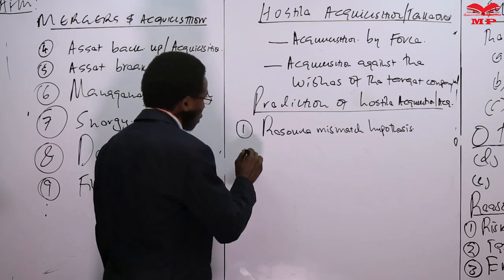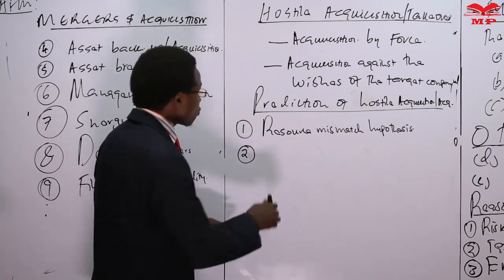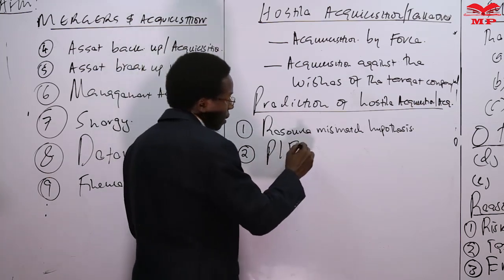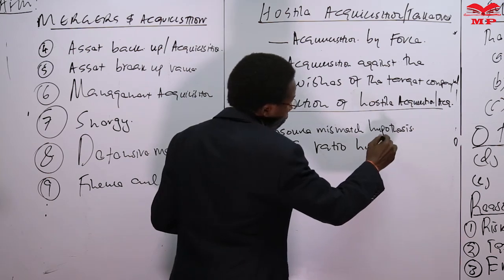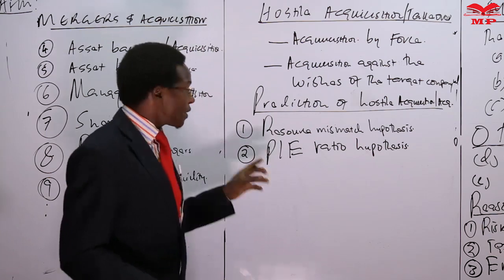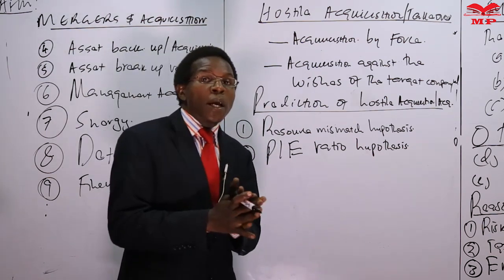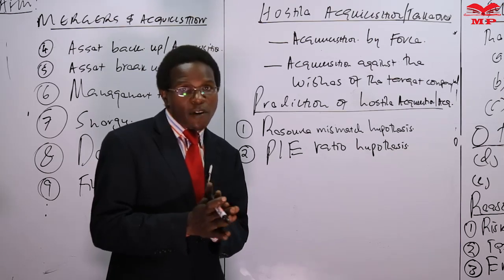Then we have number two, the price earnings ratio hypothesis. In this case, friends, it means that the lower the price earnings ratio of a company, the lower the market value.